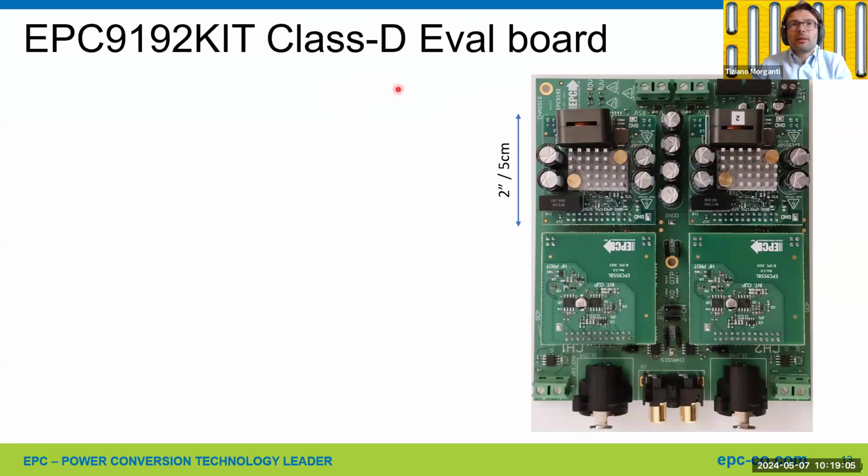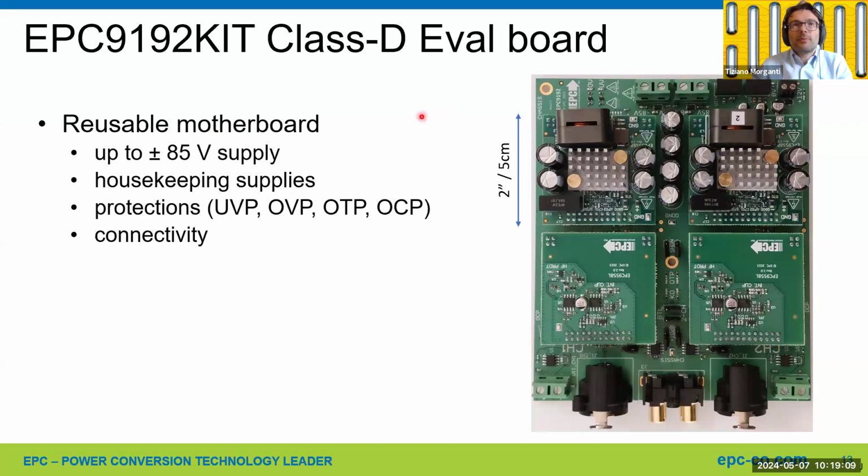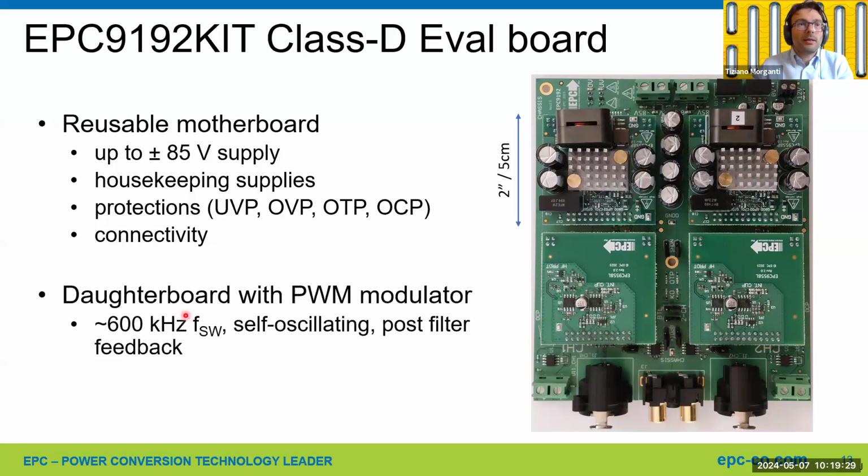So this is the eval board. It's built around a reusable motherboard that can accept up to ±85 volt supply, and it has all the housekeeping supplies, protections, and the input-output connectivity, and for the power supply. Then we have a daughter board with the PWM modulator, which is this one.